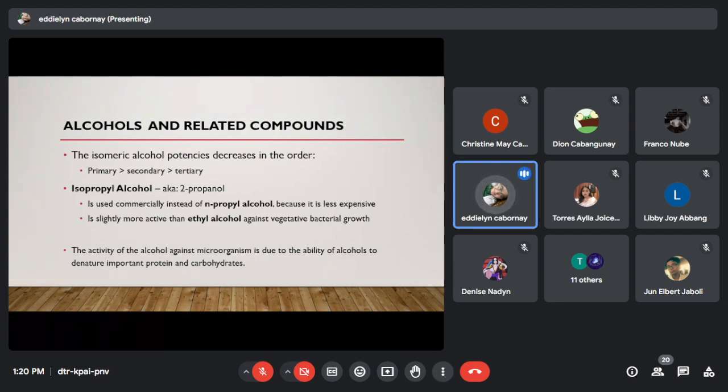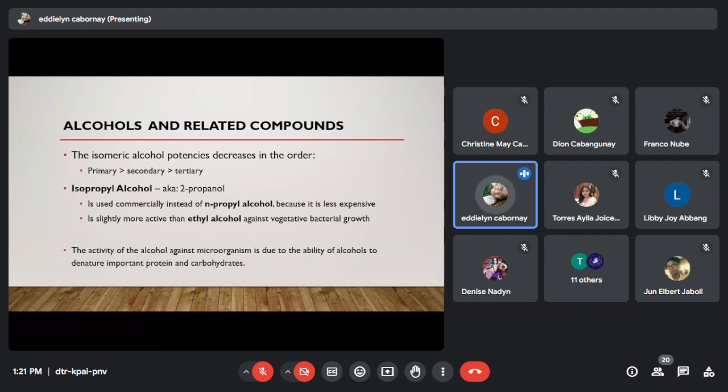So we have isopropyl alcohol, also known as 2-propanol. It is used commercially instead of n-propyl alcohol because it is less expensive and it is slightly more active than ethyl alcohol against vegetative bacterial growth. Vegetative bacterial growth means how bacteria can grow and reproduce.